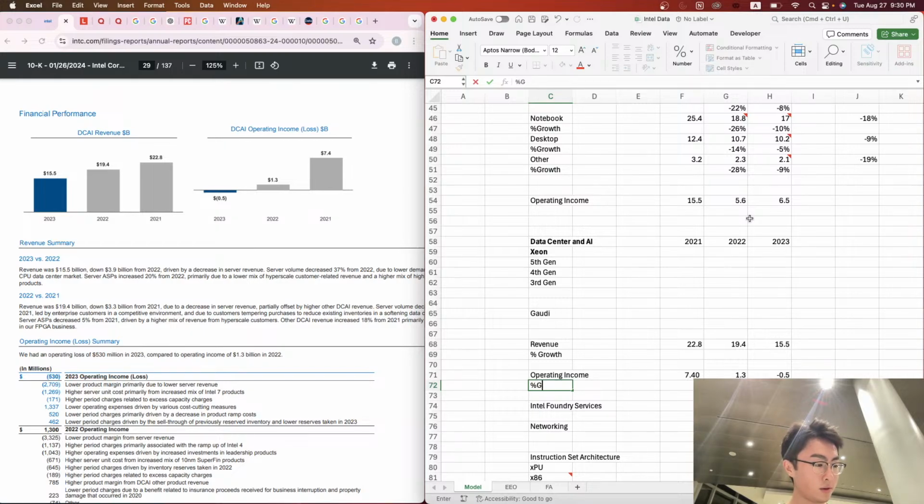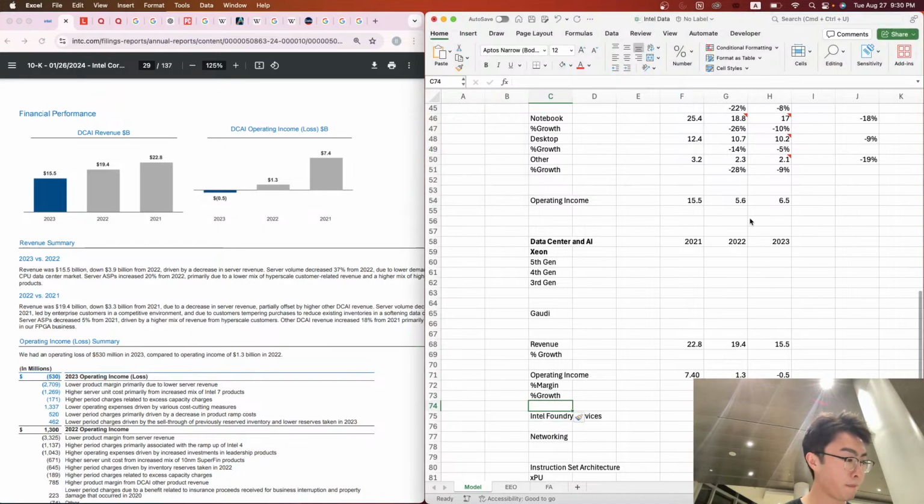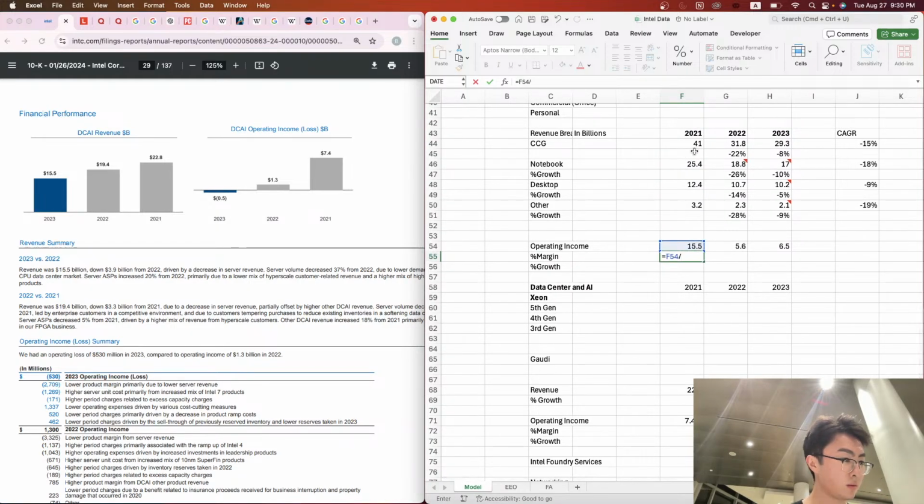growth, let's do percent margin, percent growth. So, oops. Yeah, margins have not been great recently.